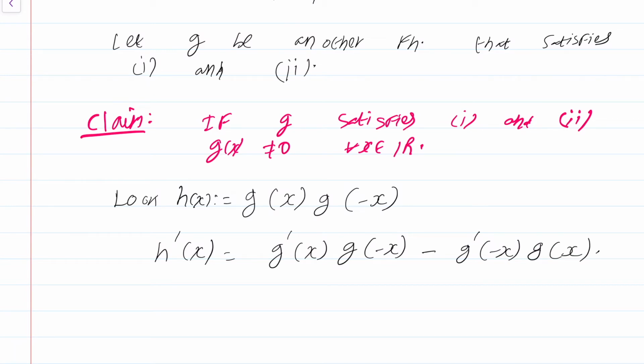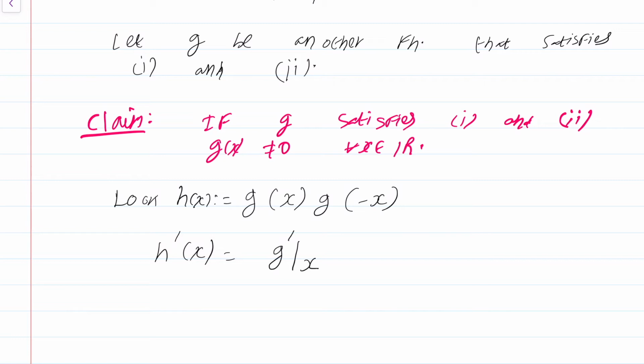Okay, I hope I have done the differentiation correctly. Let me just clarify, because there might be a bit of confusion if I write it like this. This is the derivative of g evaluated at the point x.